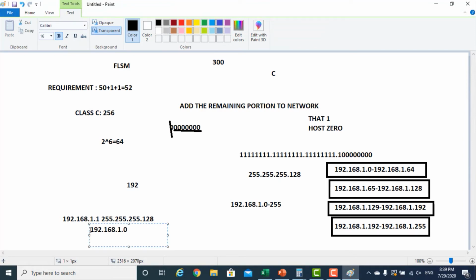And what's my broadcast ID? 192.168.1.64 is your broadcast ID, because the upper range of the first subnet is still 64.